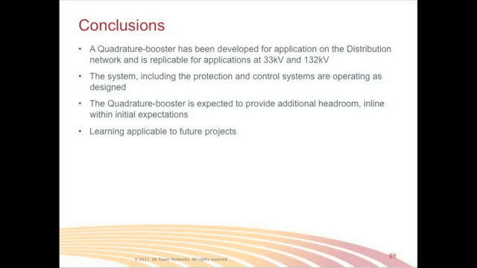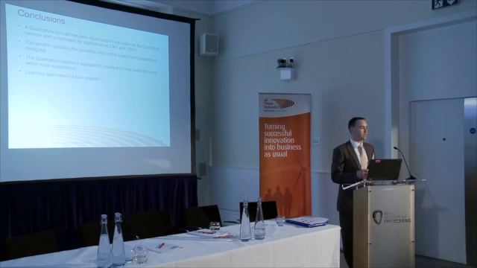And so just to conclude, our initial aim of the project was to develop a quad booster that we could deploy at distribution level. We feel that we've achieved that to date. It's replicable at 33 and 132 kV, so it's replicable elsewhere on the network.